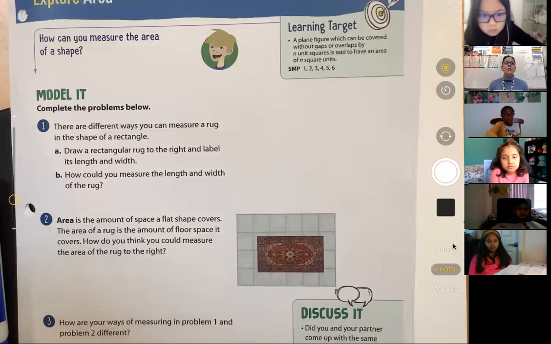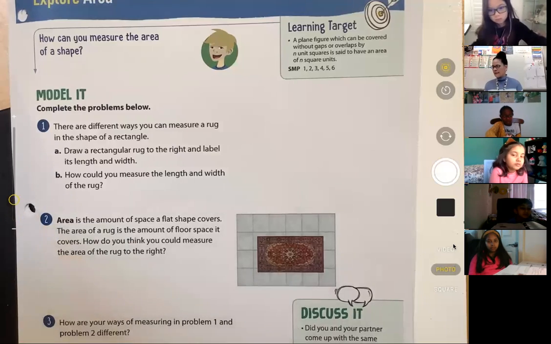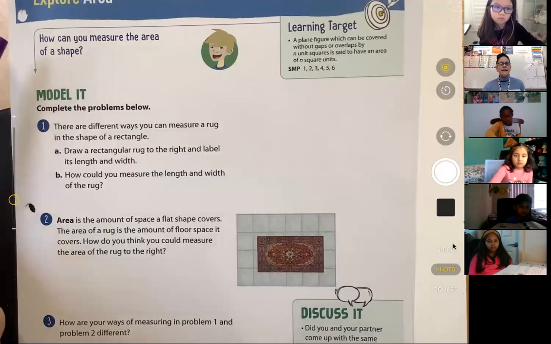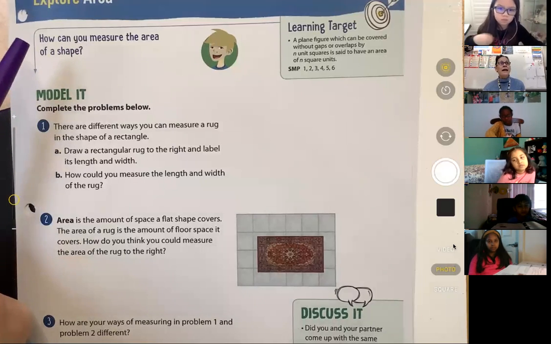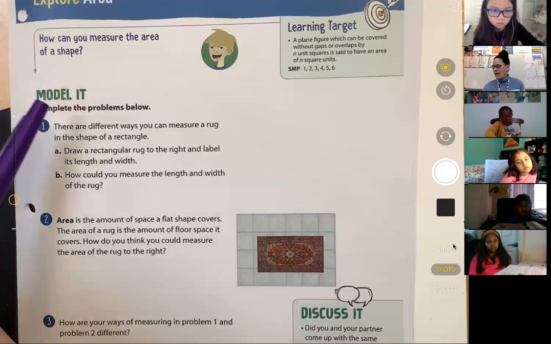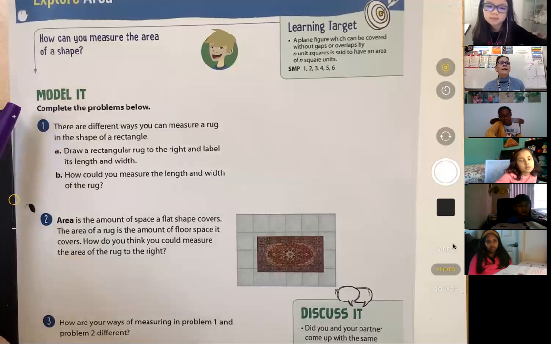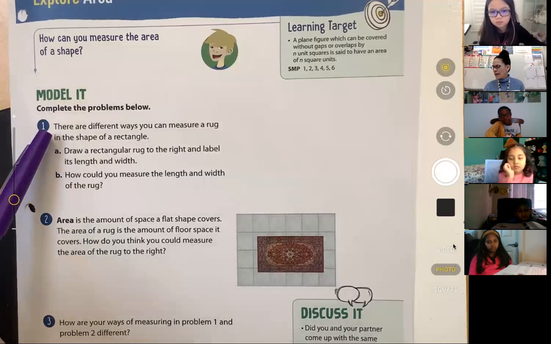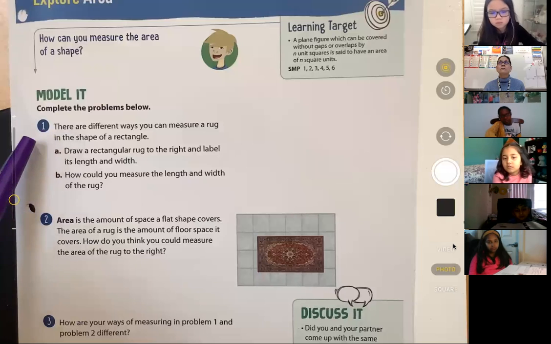All right, friends, so on page 303, we are going to see here up at the very top, it is asking us, how can you measure the area of a shape? Well, let's see. Where it says model it under number 1, it says to complete the problems below. Number 1, there are different ways you can measure a rug.